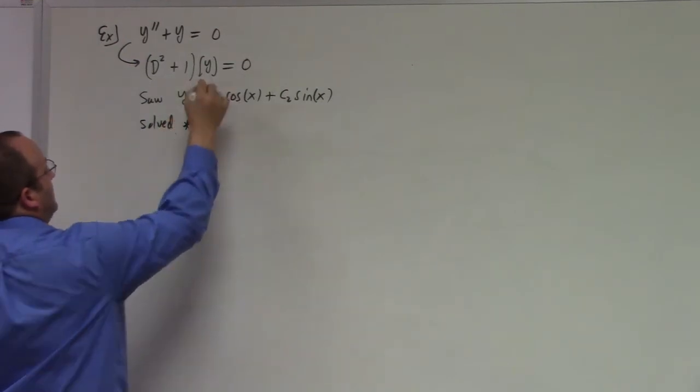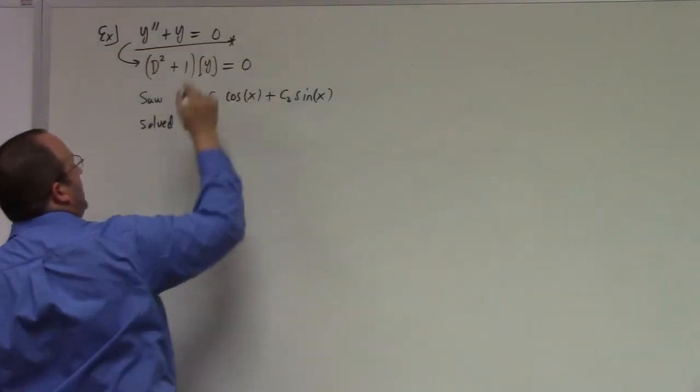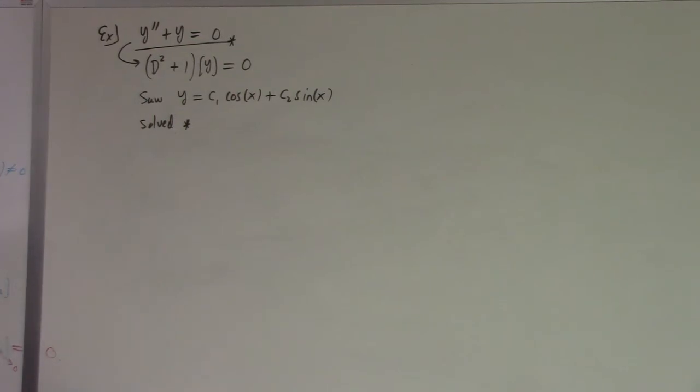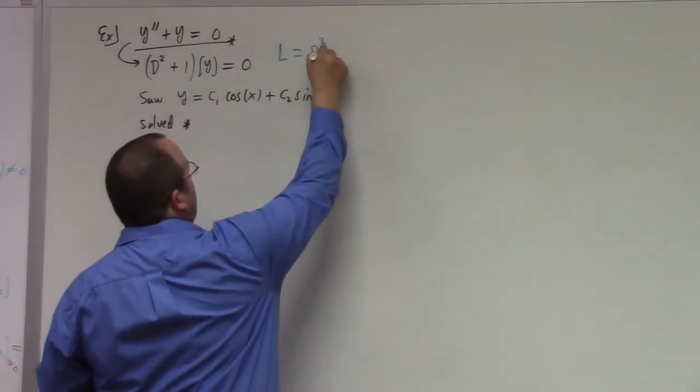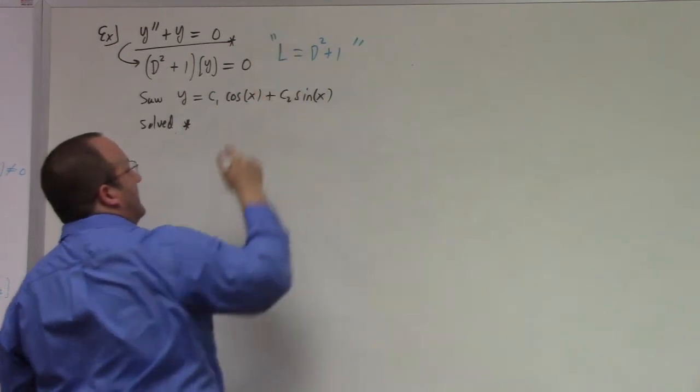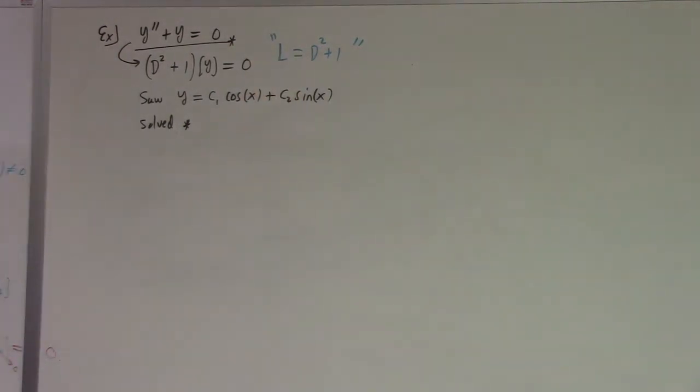But here, the L is d squared plus 1 for this one, all right? And d is d dx in my notation, although it's not clear from the original. I probably should call that example 1.